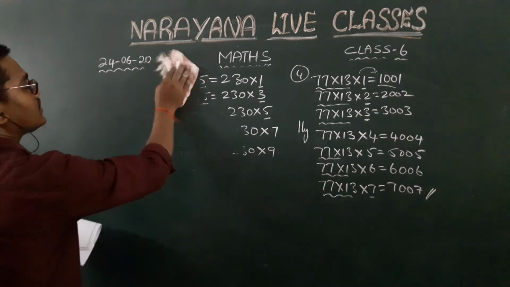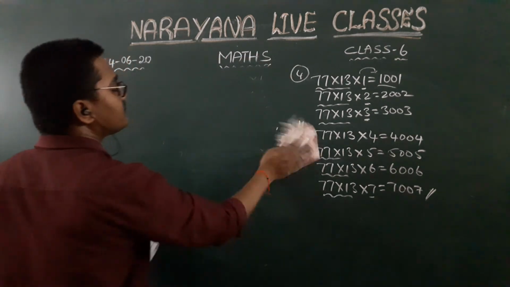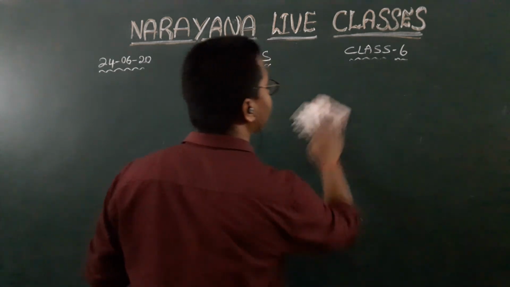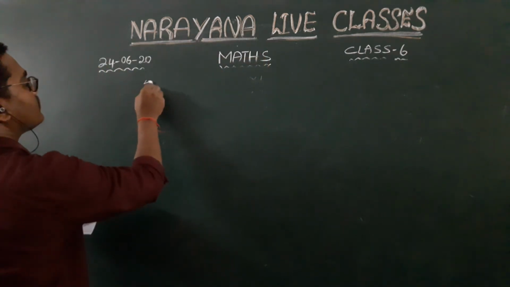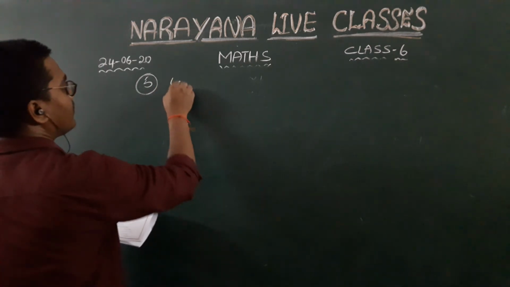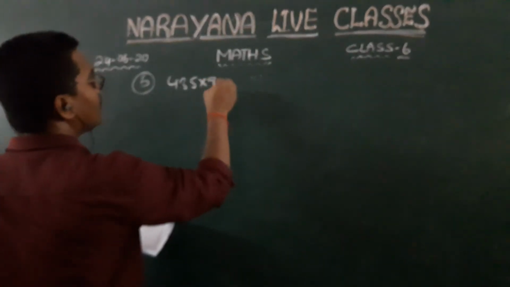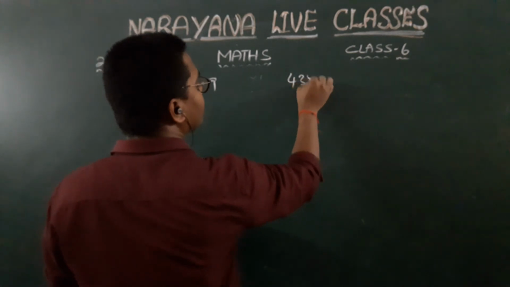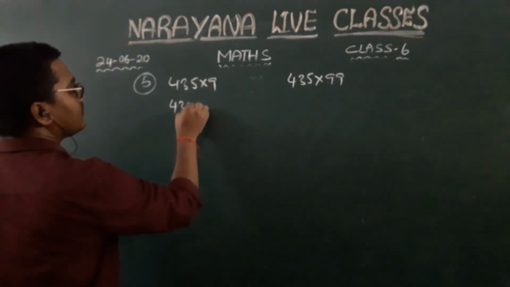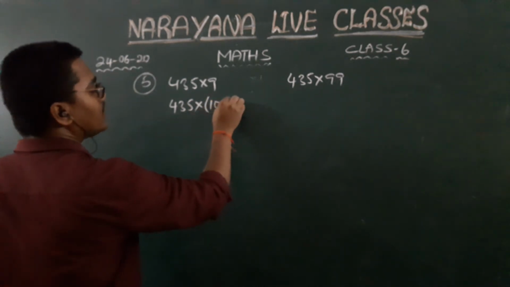Now coming to the last question for the session, children, that is the fifth question. The fifth question is all about how we would multiply the number 435 into 9 and one more question, 435 into 99. So 435 into 9 can be written as 10 minus 1.